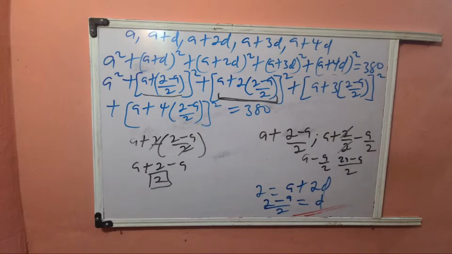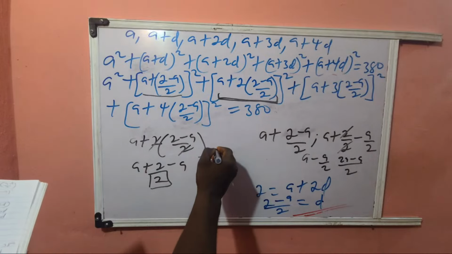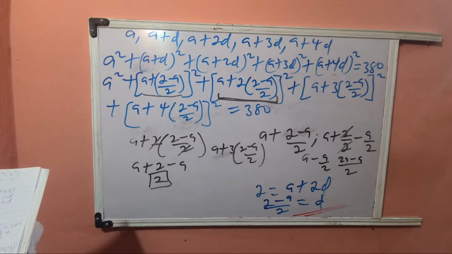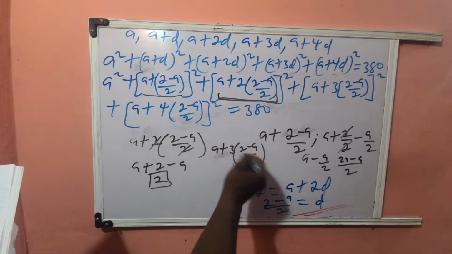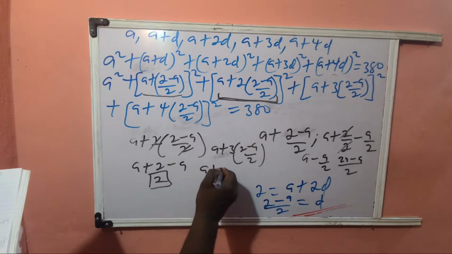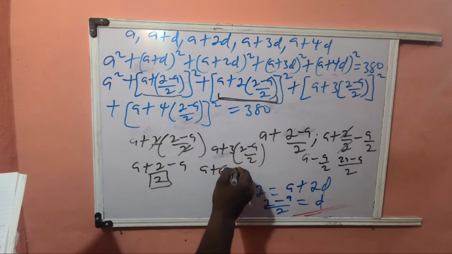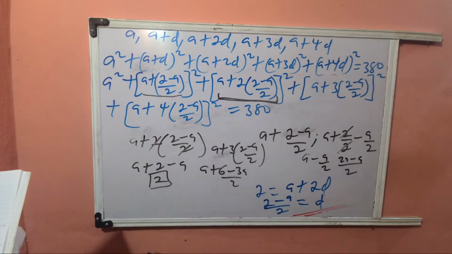The third one, we have a plus 3 into bracket 2 minus a over 2. If you decide to find the LCM of this, of course, you can open this up. If you open this up, this will be a plus 6 minus 3a over 2.